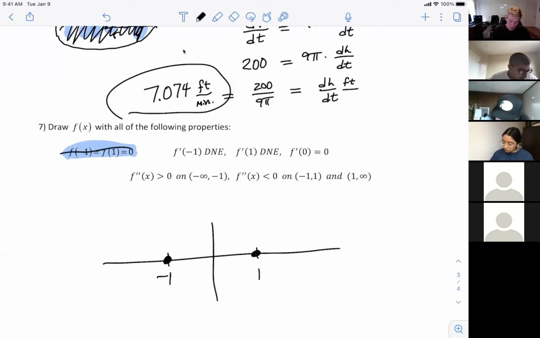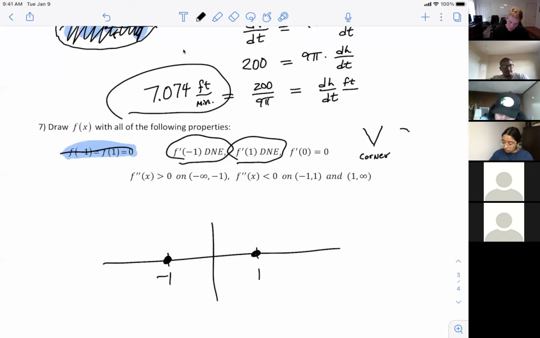Then on to the derivative does not exist at those points. Well, there's several ways the derivative could not exist. You could have a corner like this. You could have an even sharper point like that, which is called a cusp.